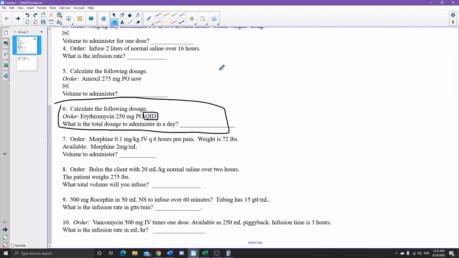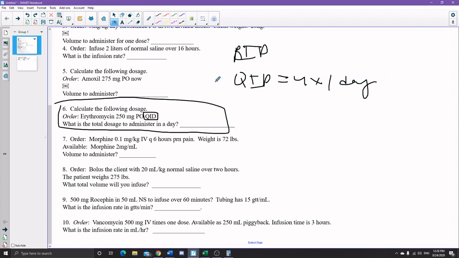So we know that BID is twice a day. QID is 4 times a day, okay? Per day.